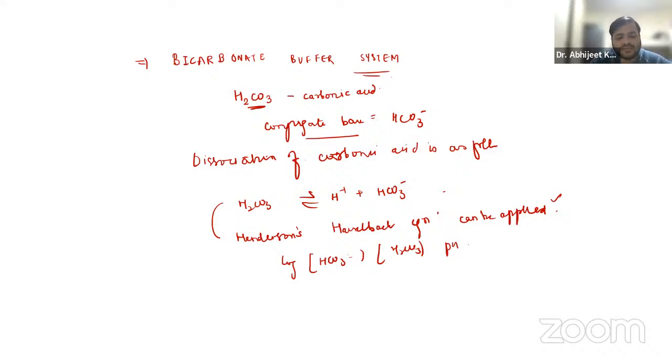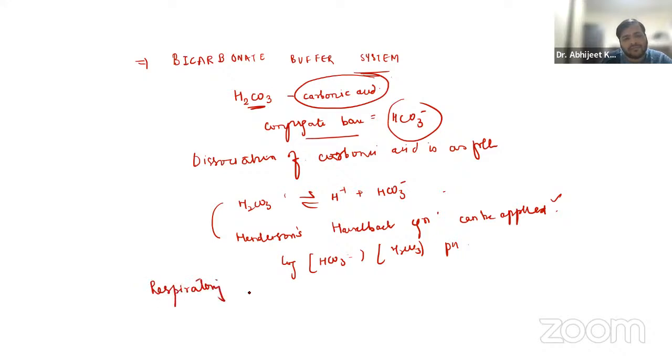This equation helps us to understand how the ratio of bicarbonate to carbonic acid determines the blood pH, and how it compensates for changes in acidity or alkalinity. So we have basically respiratory and renal compensations, right?